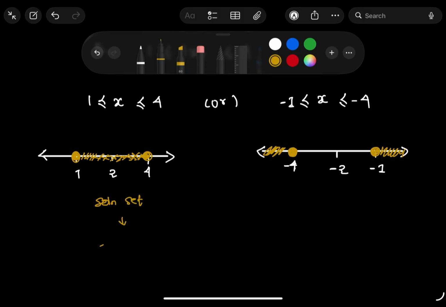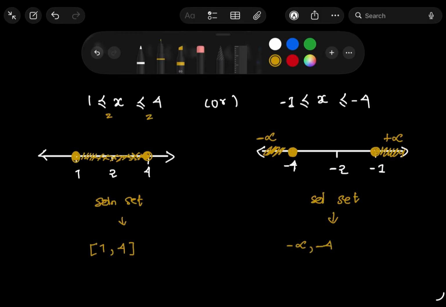We have 1 and 4, both have equal signs, so square brackets. And for this one, here is negative infinity and here is positive infinity. So the solution set lies between negative infinity to negative 4, with a round bracket at infinity and a square bracket at negative 4. Union, negative 1 to positive infinity, with a square bracket at negative 1 and a round bracket at infinity.